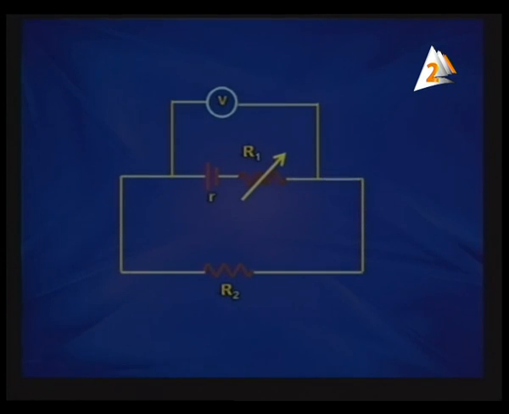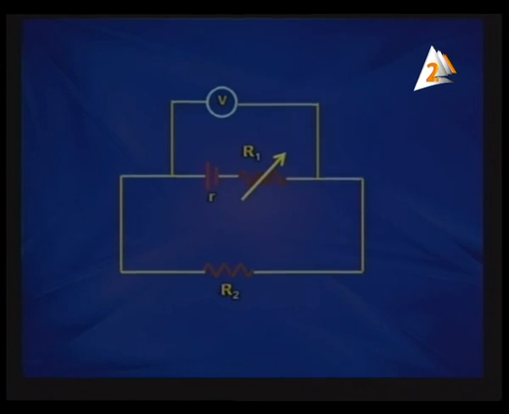Your attention here. The first question you have to ask yourself is, what does this voltmeter read? Actually, it reads the potential difference across R2, which depends on the current. So the voltmeter in front of you reads the voltage across R2.